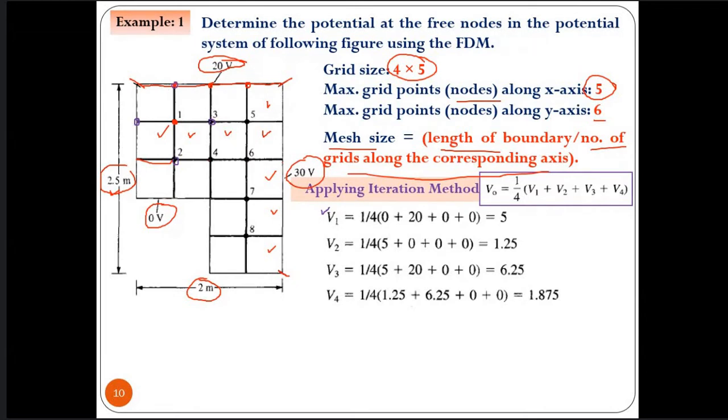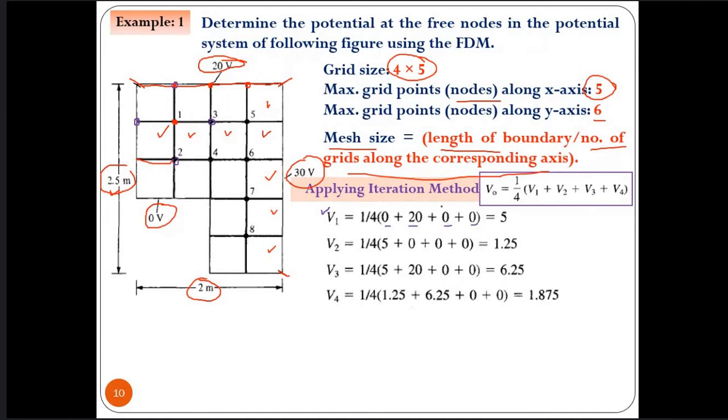What will be V1? V1 will be equal to 1 by 4 of V2, V3, the potential of this fixed node, which is 20, and the potential of this fixed node, which is 0. So you see it is 0, 20, 0, 0.